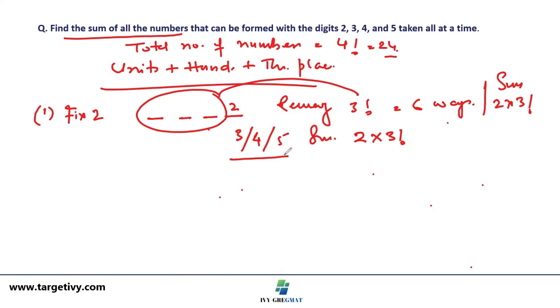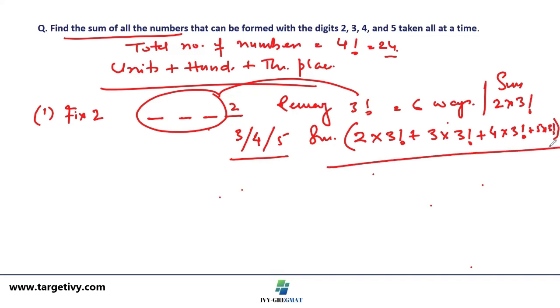While we keep swapping these, it can be this plus 3 multiplied by 3 factorial plus 4 multiplied by 3 factorial plus 5 multiplied by 3 factorial. Do a simple calculation, this will become 2 plus 3 plus 4 plus 5 multiplied by 3 factorial, which is 84. But remember, this is only for the unit space.